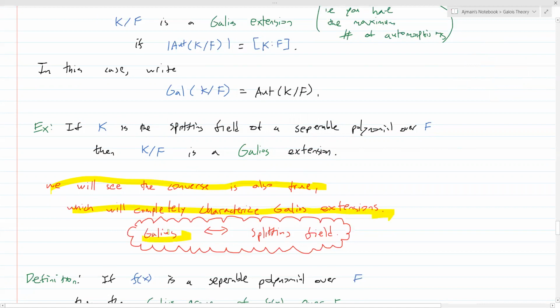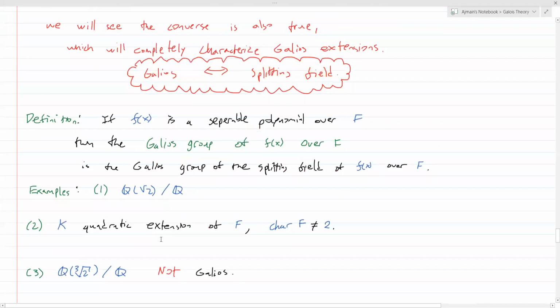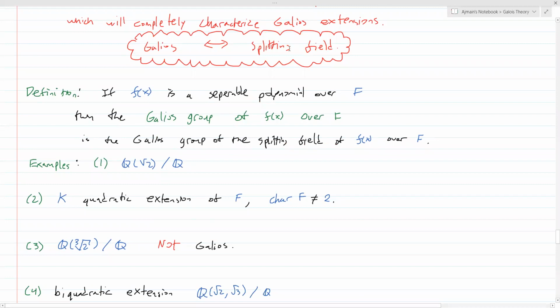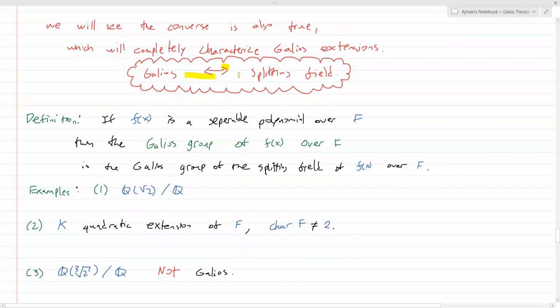So later on, we're going to prove that any Galois extension is the splitting field of some separable polynomial. So this completely characterizes Galois extensions, meaning that Galois extensions are just splitting fields, and splitting fields are just Galois extensions. But we're going to prove this direction later.